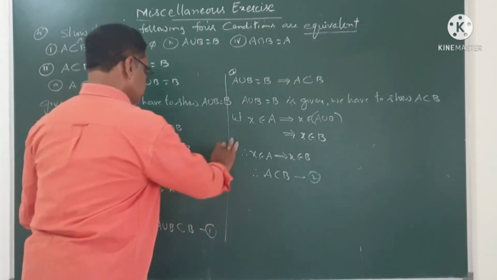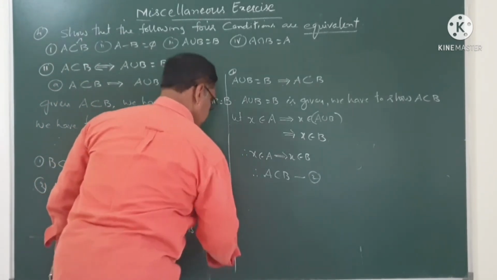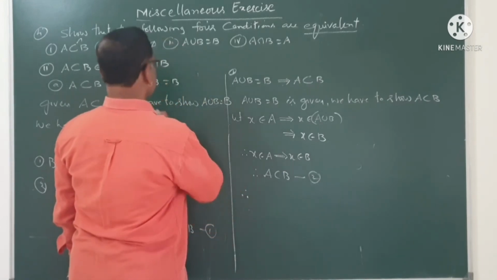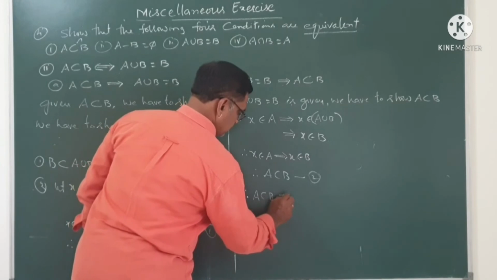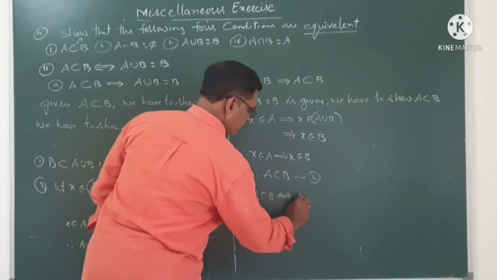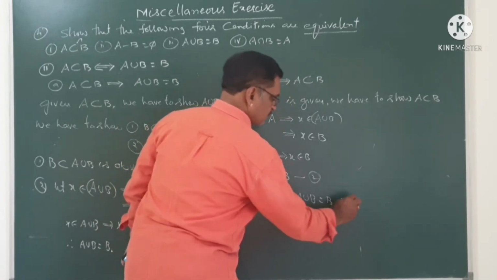From 1 and 2, therefore, our statement A is a subset of B implies and is implied by A union B is equal to B is also true.